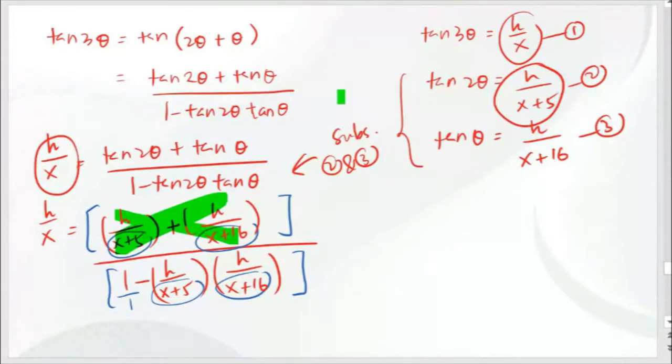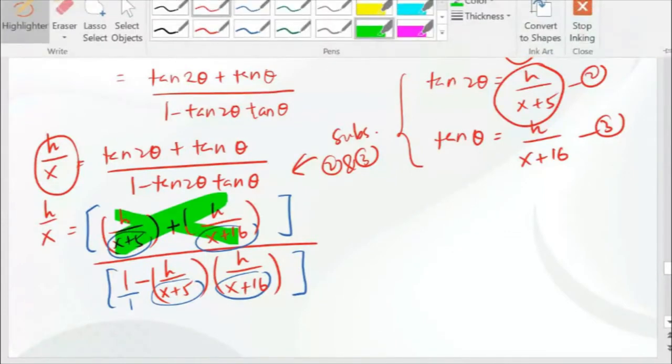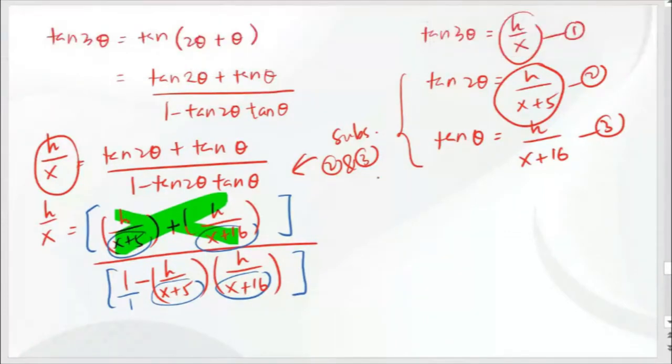The first one, the butterfly multiplication. So I continue, H over X equals this one. We directly multiply. So it will become H multiply X plus 16. Then this one plus, you maintain the plus. Then the other side, H multiply with X plus 5.